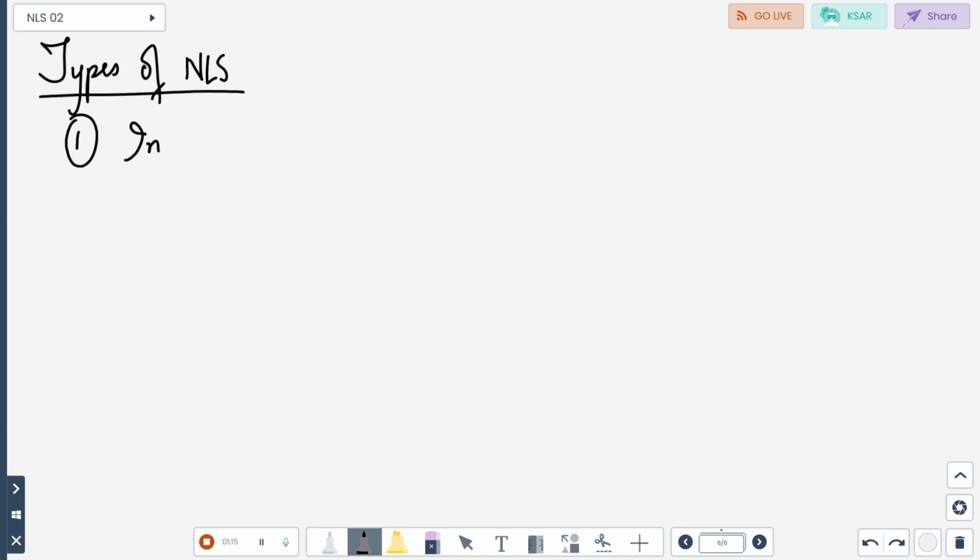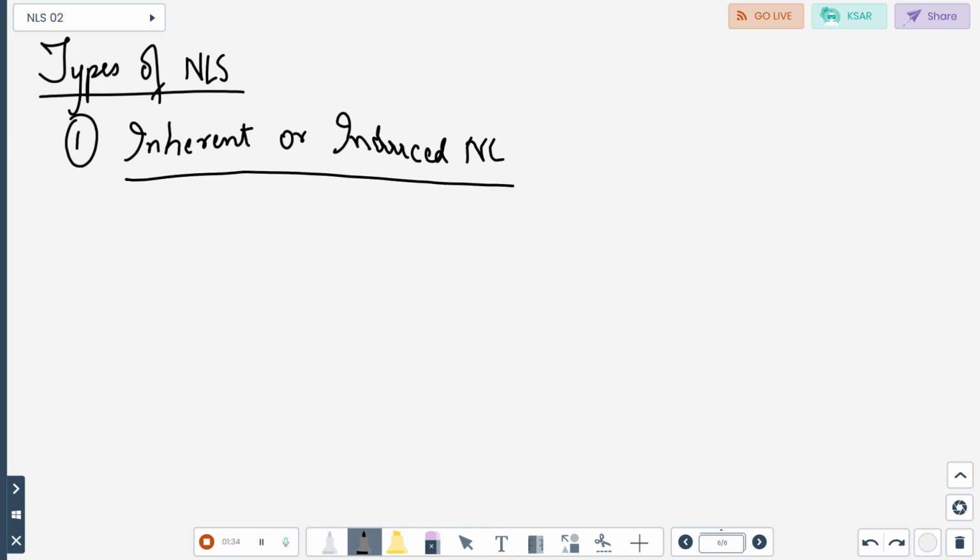inherent or induced nonlinearity. So a nonlinear system can be classified as an inherent nonlinearity or an induced nonlinearity.